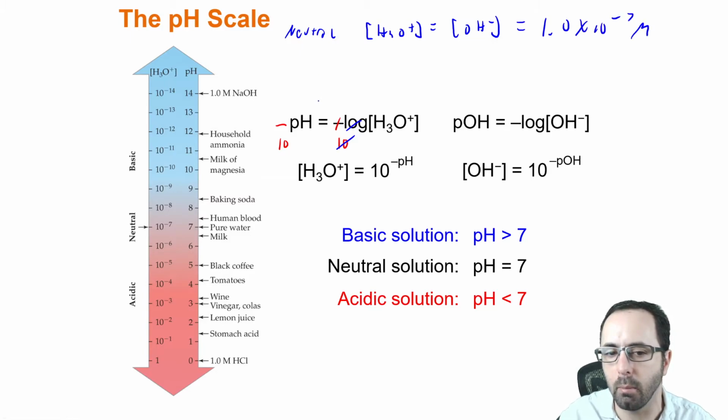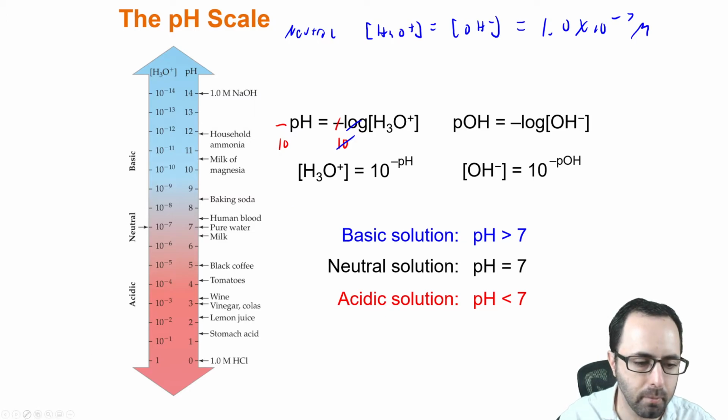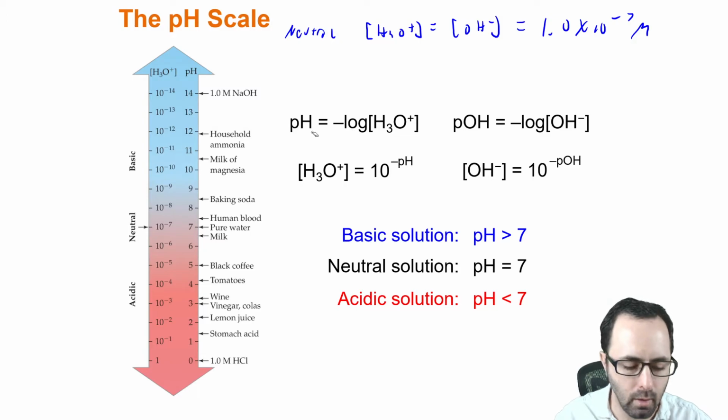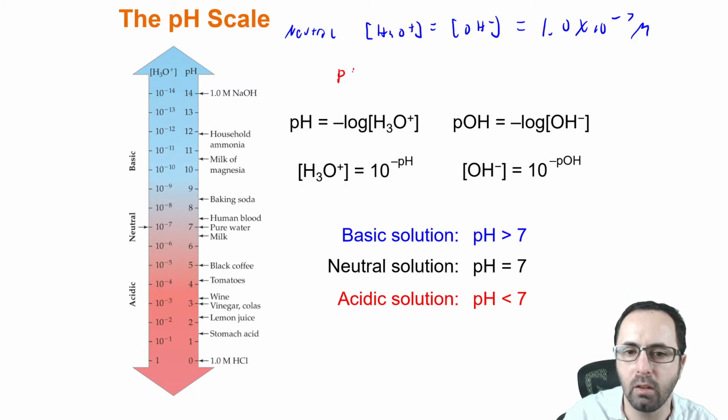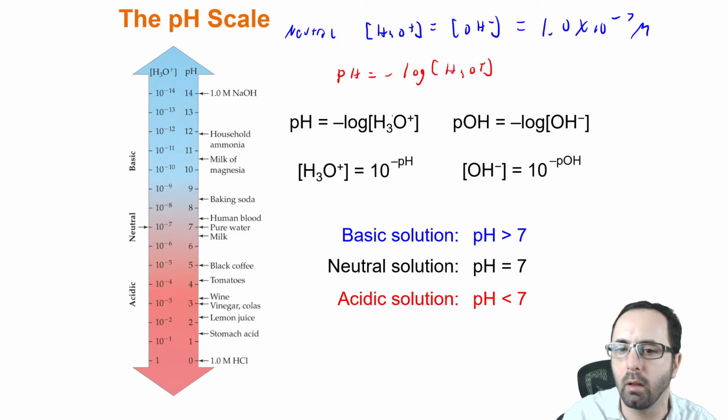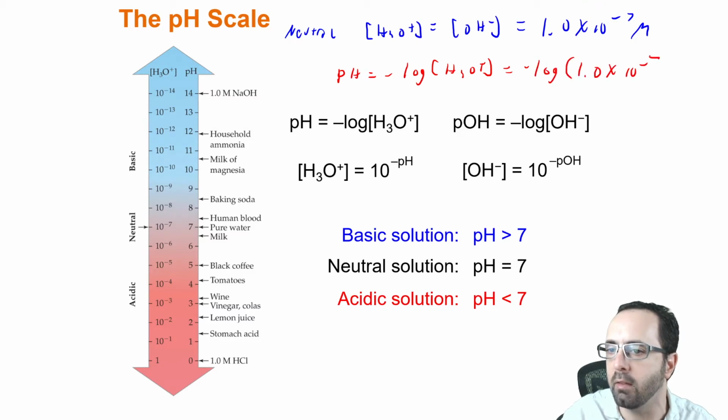So if we're getting the pH here, the pH equals the negative log of the hydronium. That would be a negative log, for pure water, for a neutral solution, of 1.0 times 10 to the minus 7.